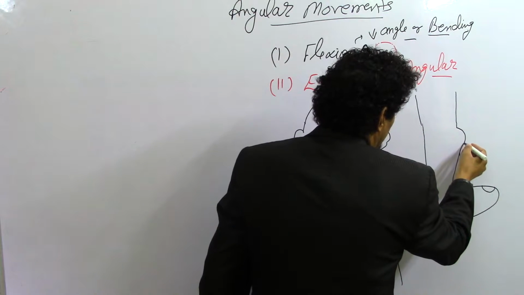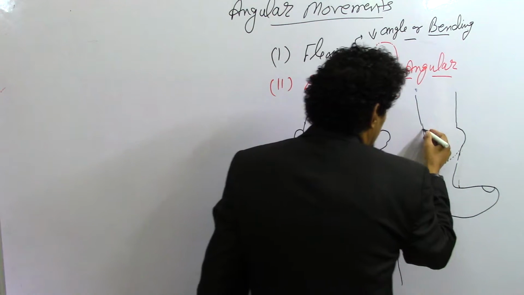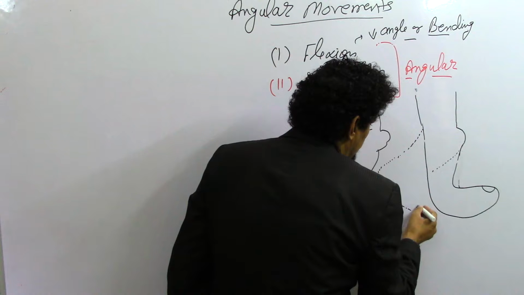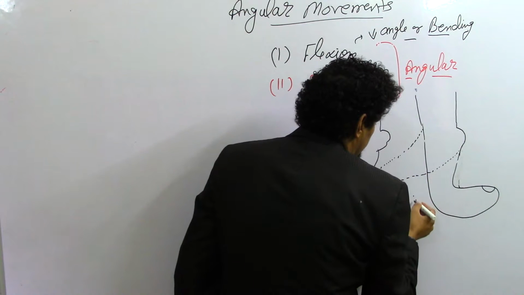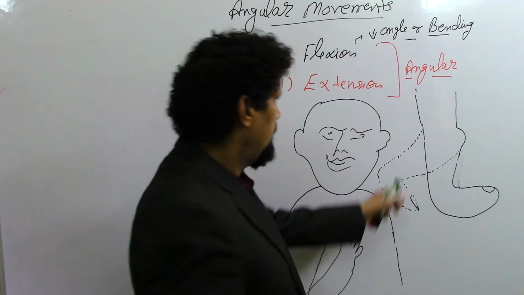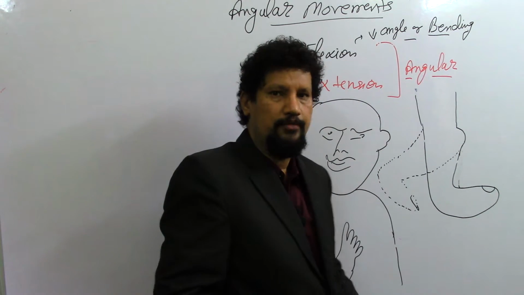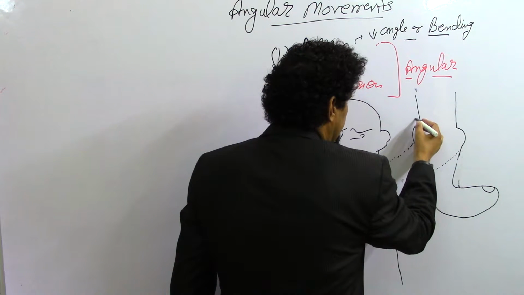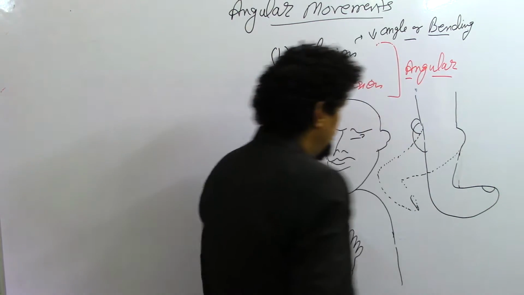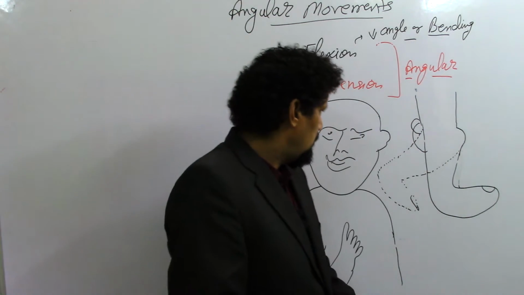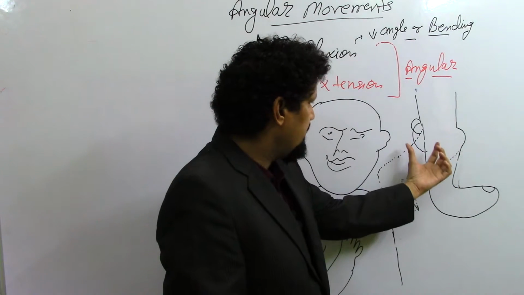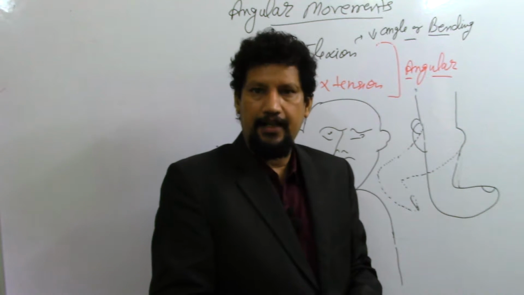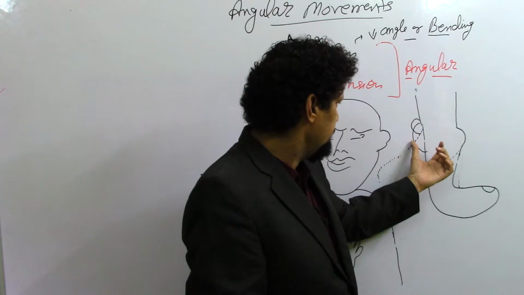The movement occurring like this in the upper limb is the flexion of the elbow, decreasing the angle. This is the angle here, and this is the decreased angle. So flexion in the knee joint is moving the leg backward and decreasing the angle of the popliteal region.